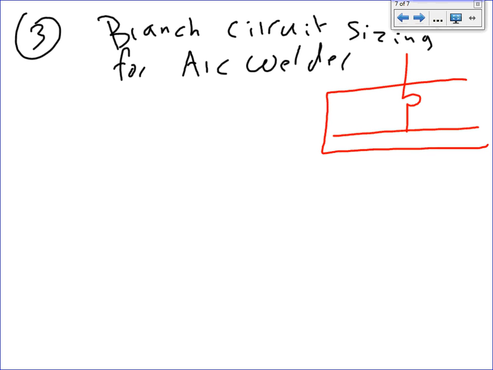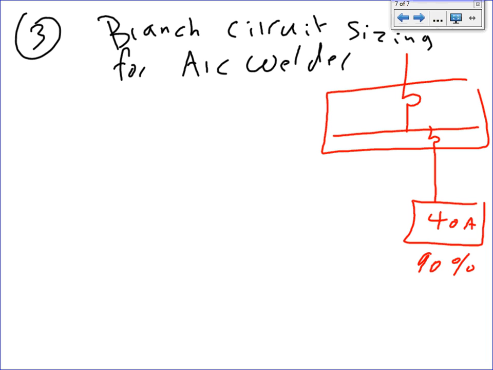And I'm going to go to the overcurrent protection device and go to my welder. What was it? 40 amps? 40 amps, right? Yep. You want the one calculated? No, just want the amp of it. 40 amps. What was the cycle in it? It's 90% cycle. And is it motor or non-motor? It was motor.